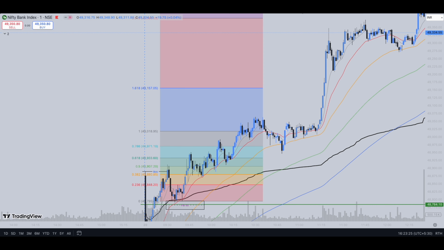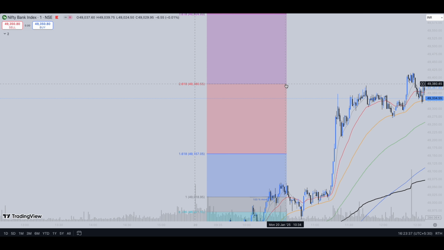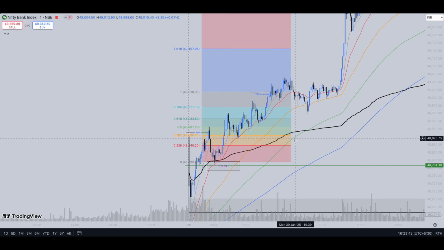But you could have even booked the profit at around 100 level. This is 100% move. This is 1.618 level. This is the 2.618 level, or this is the 3.618 level.